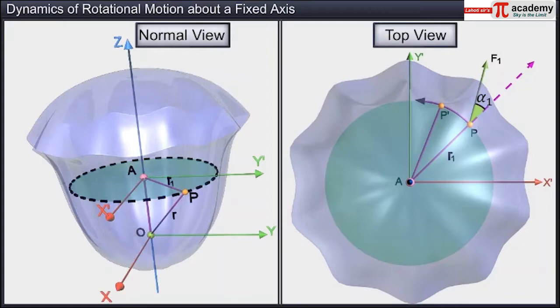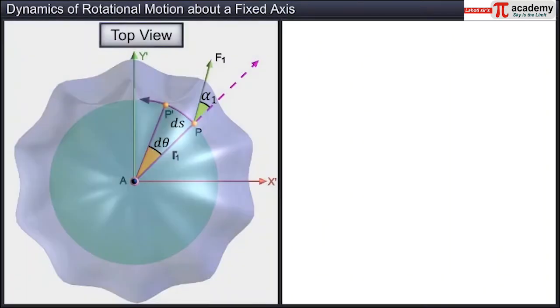The angular displacement of the particle is expressed as angle PAP' and is equal to d theta. If the linear displacement of the particle is represented by ds, then its magnitude ds is equal to r1 d theta.